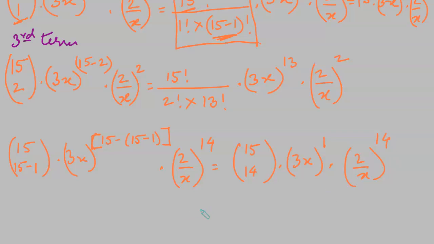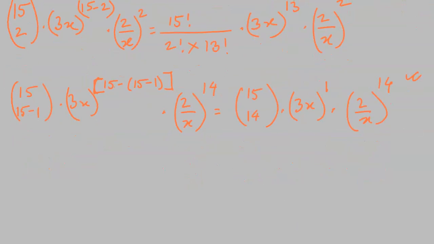Okay. Now let me show you what is the value. You may keep it in this form, no harm. But let me show you what is the value of 15C14. If we just simplify this, it will be 15 factorial over 14 factorial times 15 minus 14, that is 1 factorial.